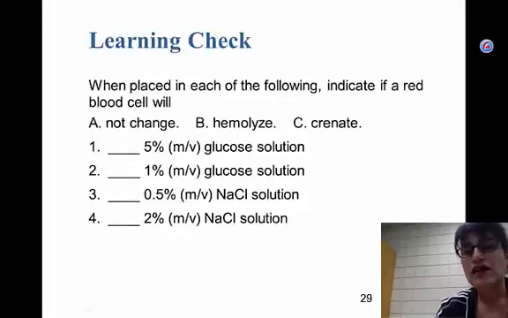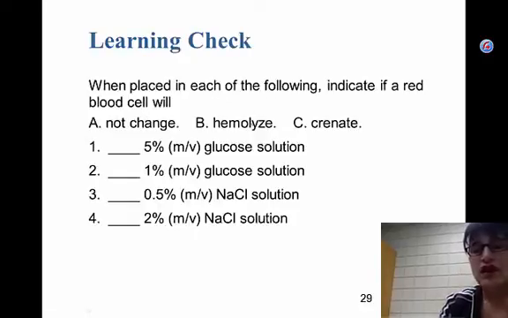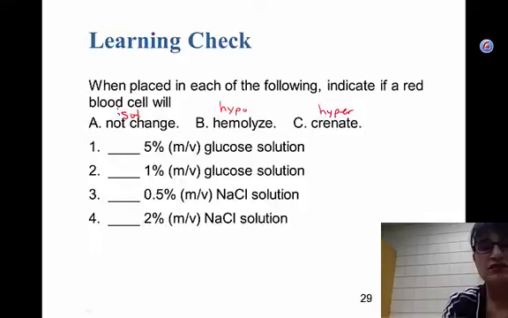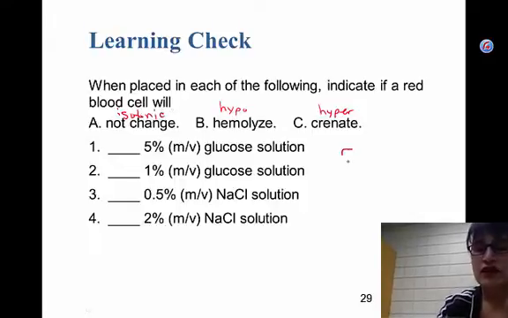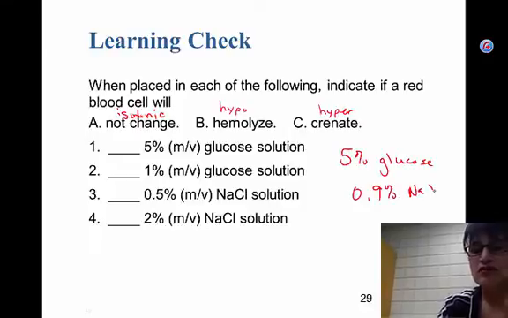All right, now I have to decide if the blood cell is going to be the same, meaning it's isotonic, if it's going to undergo hemolysis, which means it's going to be hypo, or if it's going to undergo crenation, which is hyper. And this means it's isotonic. All right, and again, we're 5% glucose or 0.9% sodium chloride.